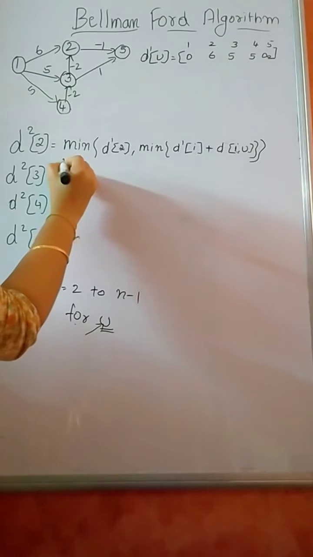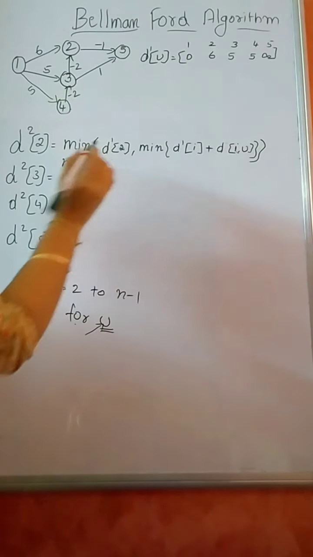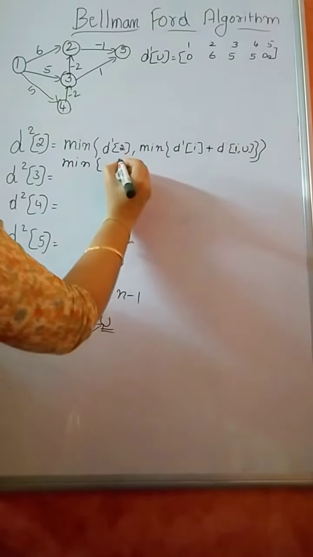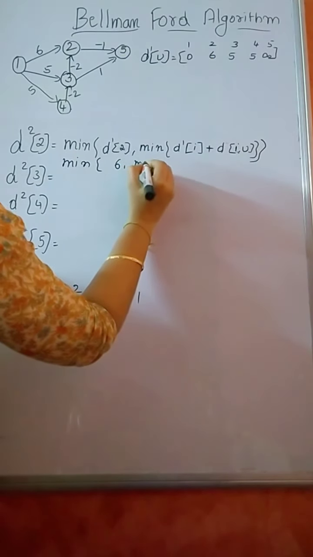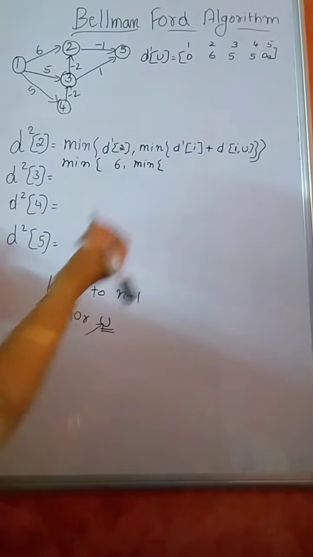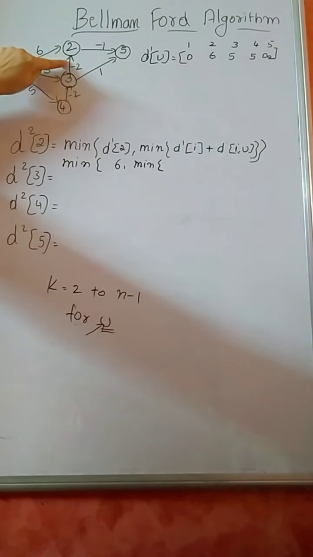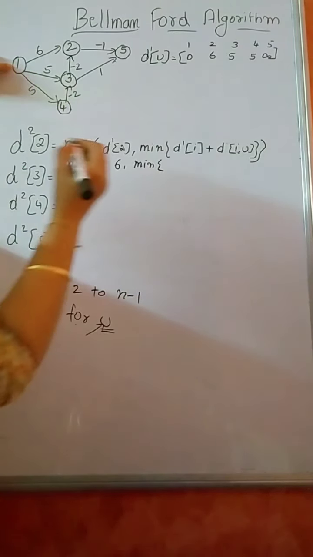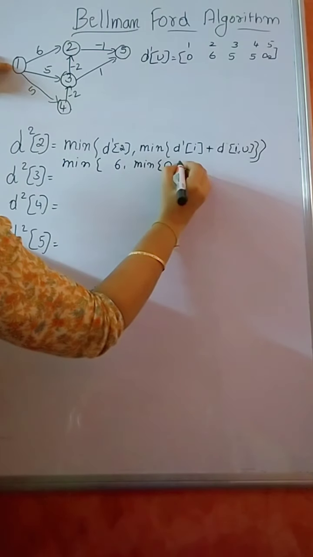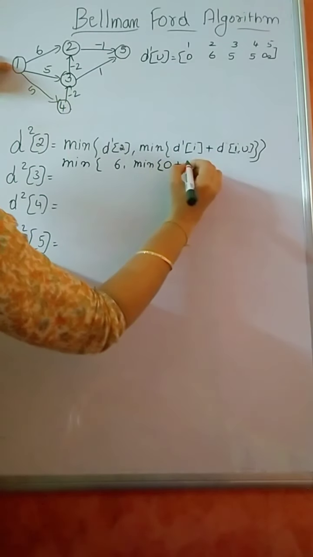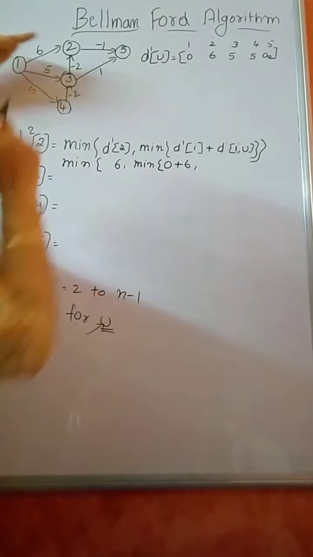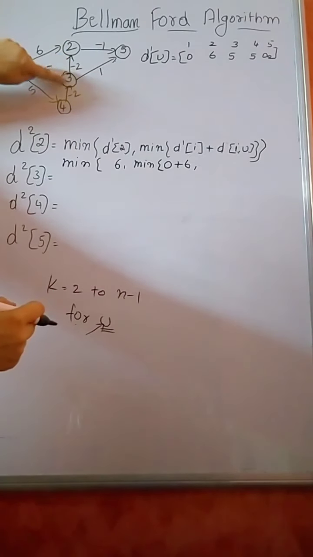Now, what is the previous distance to 2? It is 6. 6 comma min of, how many incoming edges does 2 have? 2 incoming edges: one is from 1 and one is from 3. Now I will consider from 1. What is the distance till 1? It is 0 plus this distance, which is 6. Then one more incoming edge is there, that is 3 to 2.